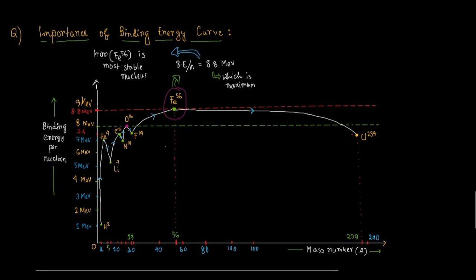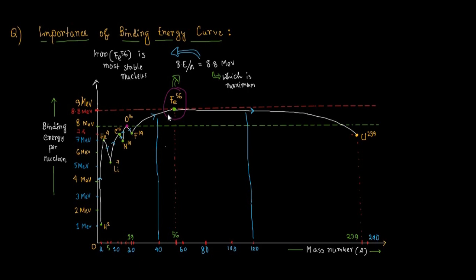Now we can denote a region between the element of mass number 40 and the element of mass number 120.